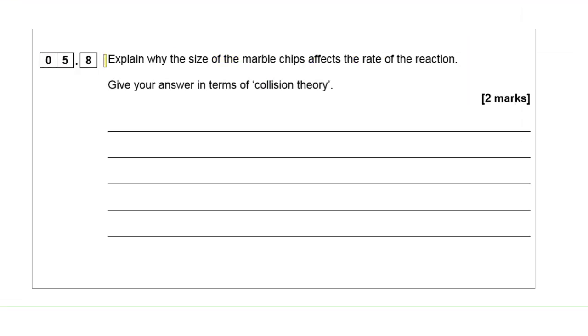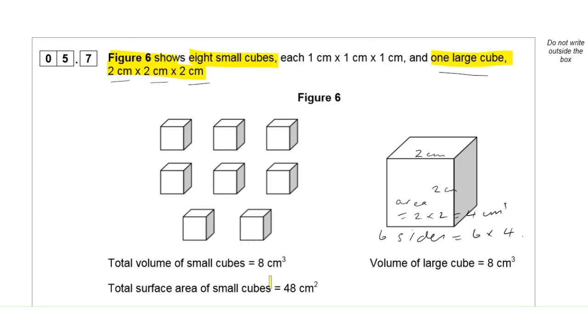5.8. Explain why the size of the marble chips affects the rate of reaction. Give your answer in terms of collision theory, and this is for 2 marks. Now, if we go back and have a look at the diagram above, we can see the total surface area of the small cubes is 48 square centimetres. We've just worked out that the surface area of the large cube is 24 square centimetres.